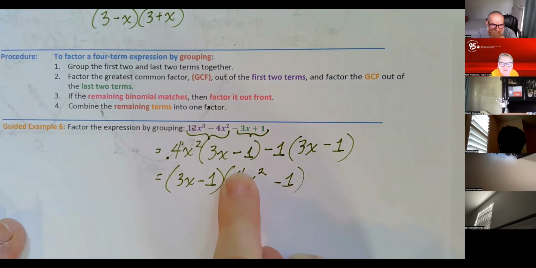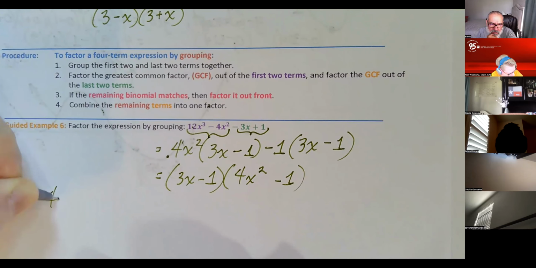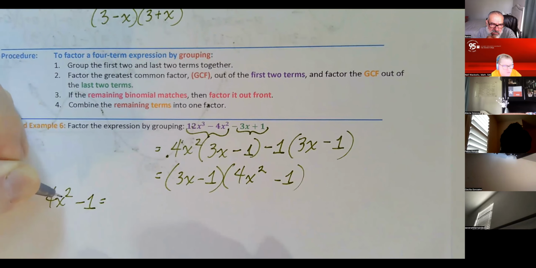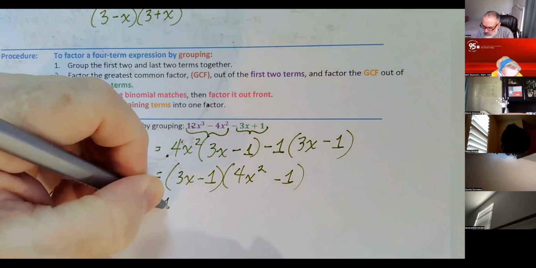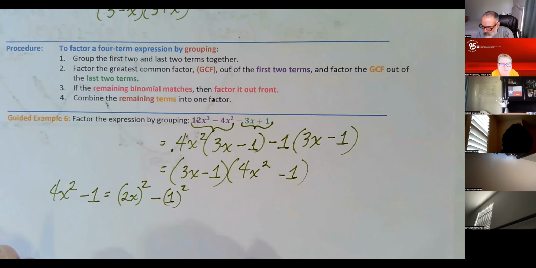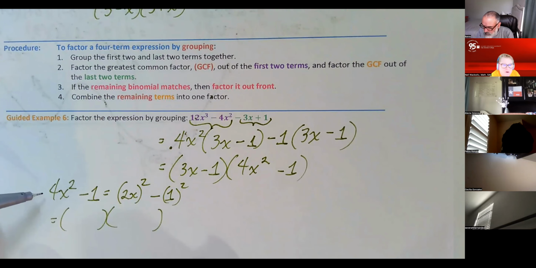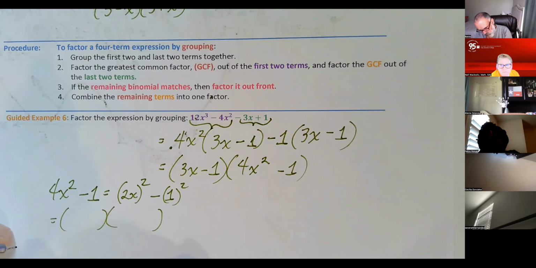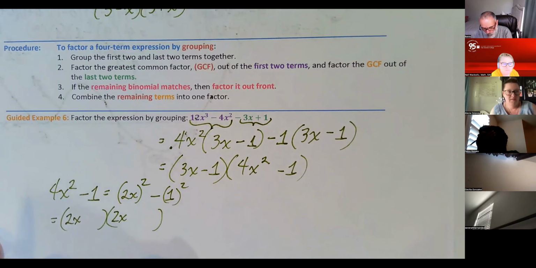But now I notice that 4x squared, that's a perfect square. Is 1 also a perfect square? Yes. That's right. I can write 4x squared as 2x squared, and I can write 1 as 1 squared. The square root of 4x squared is 2x, and the square root of 1 is 1.